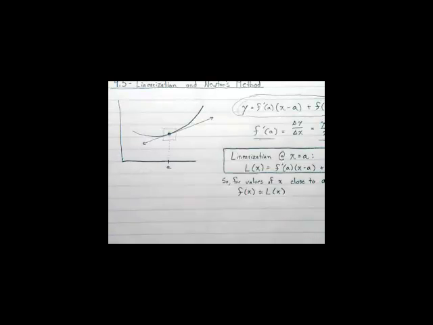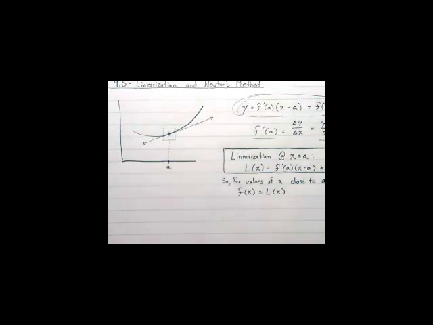Think about that for a second. Look at the graph. Does that make sense? For values of x close to a, f of x is approximately L of x. The value of the function is approximately the value of the tangent at that spot.